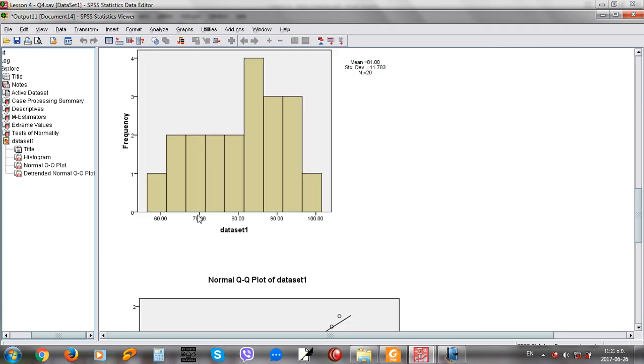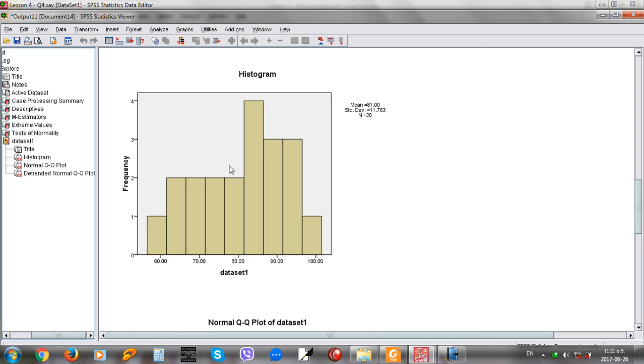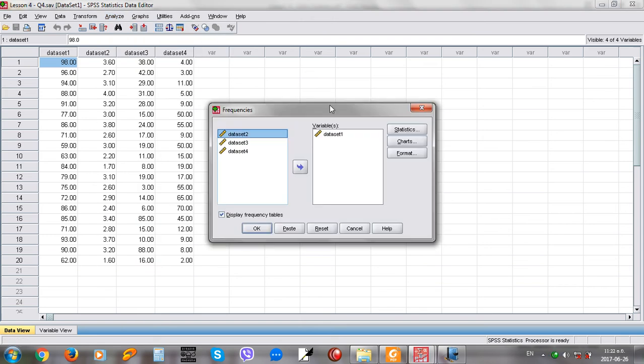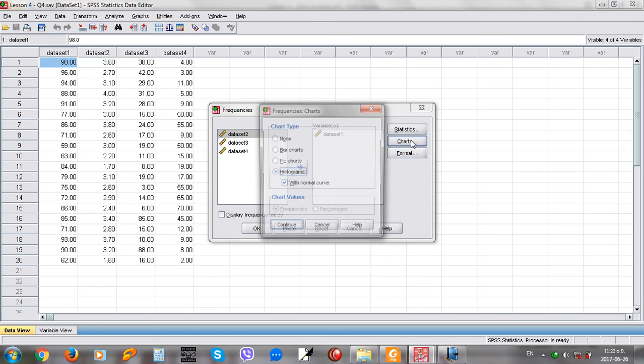So if you need a histogram with the normal curve, what you have to do is go to Analyze, descriptive statistics, then frequencies. Then you have to select the variable. There is an option called charts.